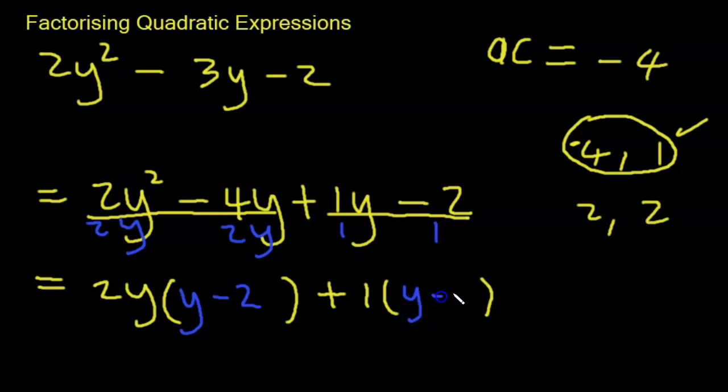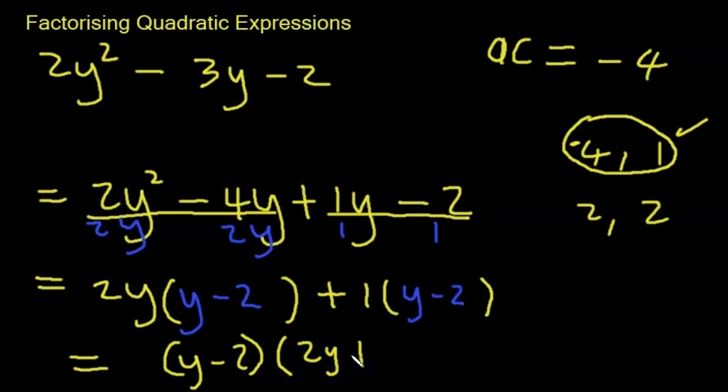So it's just still y minus 2. Which means our common factor here is y minus 2. And then if we factor out y minus 2, what are we left with? 2y plus 1. And that's it.